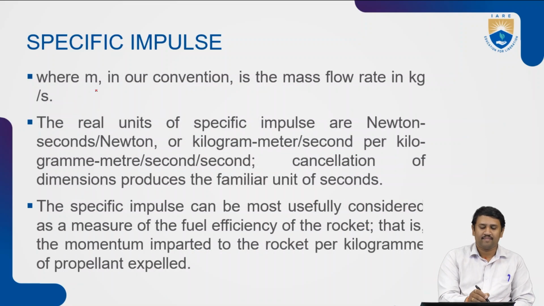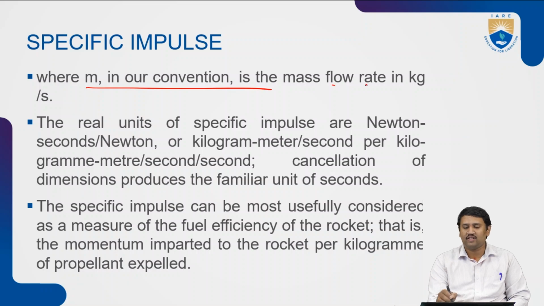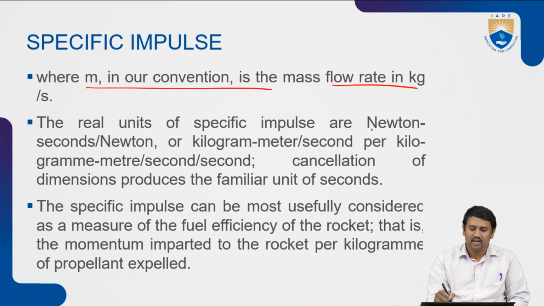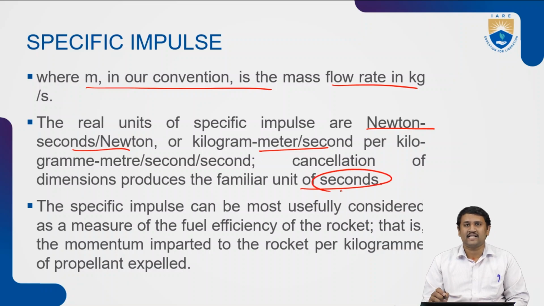Now, where m in our convention is the mass flow rate in terms of kg per second, and in order to derive the specific impulse units, which are Newton per second, or kg meter per second per kilogram per second, and cancellation of everything at the end produces seconds.